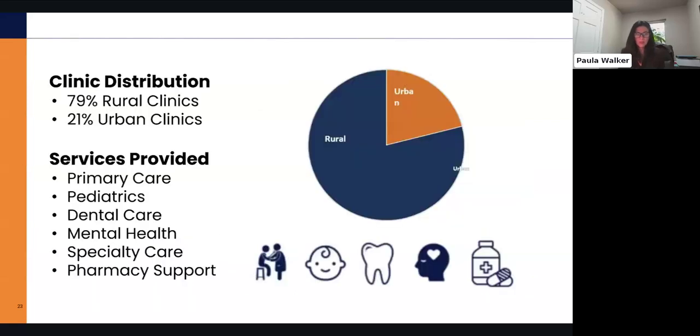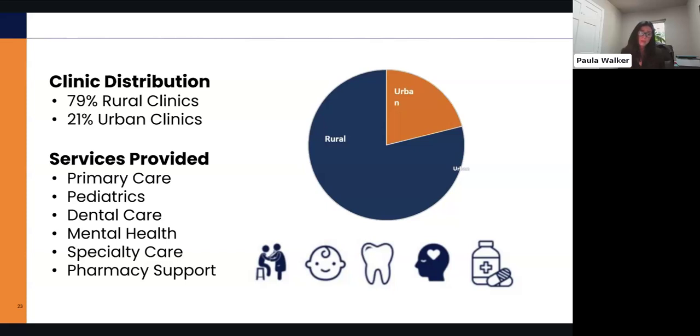Next slide, please. We have a very strong rural presence in where we serve, and we base that definition off the state of Texas definition of what a rural area would be. And then we also do have quite a few clinics in urban areas in our larger cities like Houston, Dallas, and Austin.